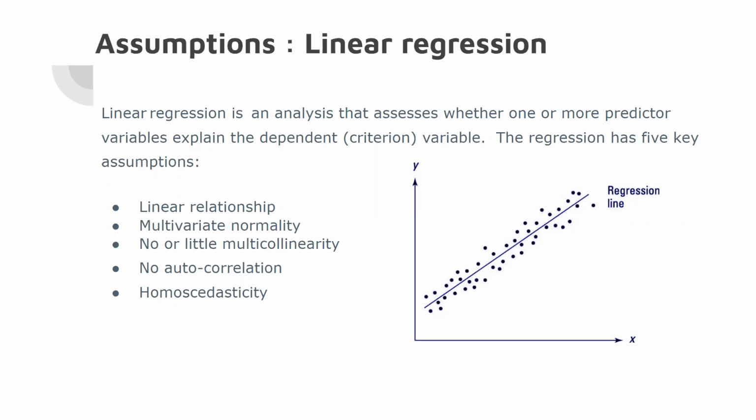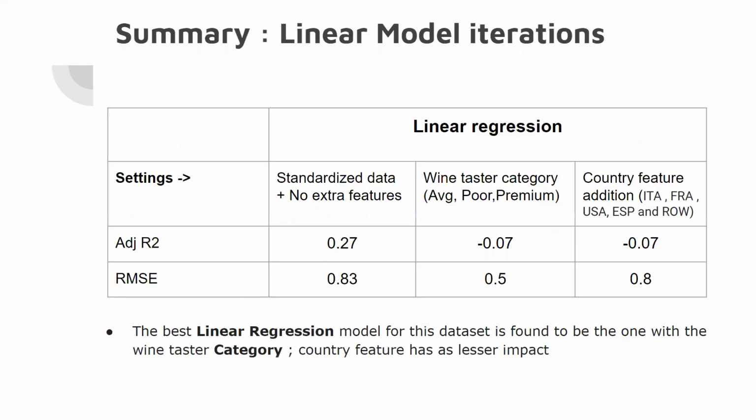Again, these are the textbook definitions, so I will not dwell much, except that linear regression works well when obviously there is a linear dependency, right, on the IV and OV, which wasn't the case in the wine data set. These are standard metrics, RMSE being the root mean square error, and the adjusted R square being the coefficient of determination.